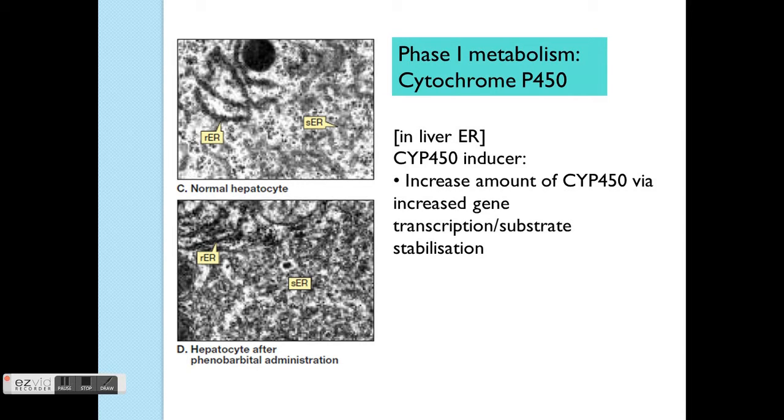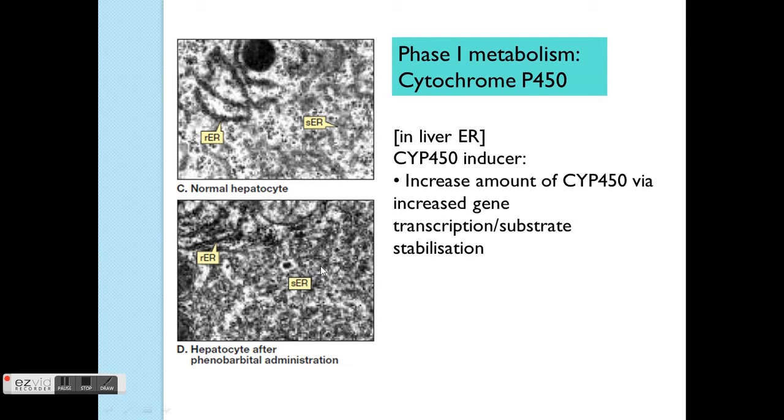As you know, like all the other enzymes, it has an optimum level it can work at. A drug or substance or food that induces the enzyme requires the gene transcription process to increase the overall amount of the enzyme in the liver.